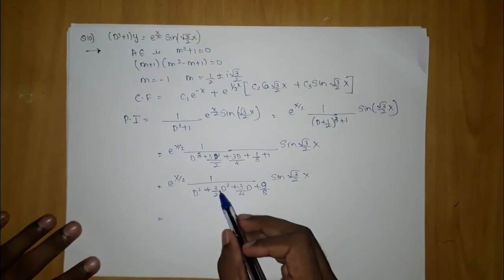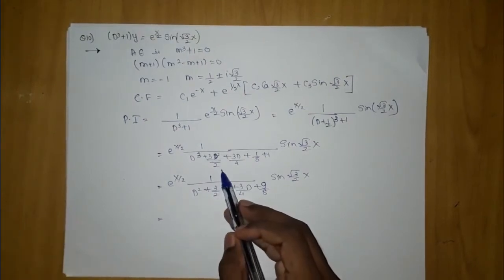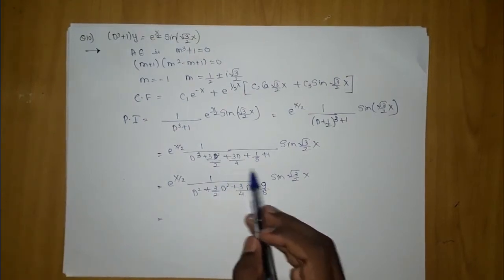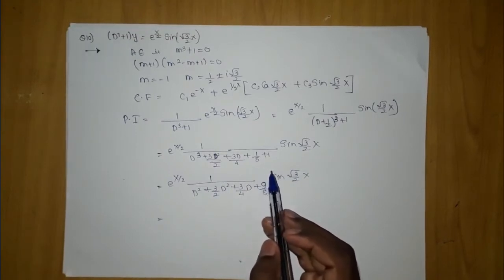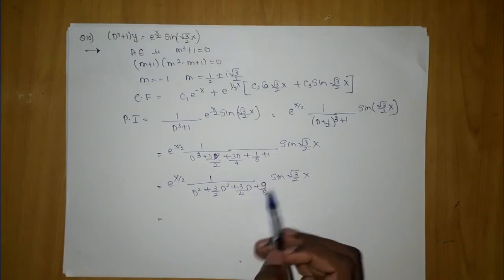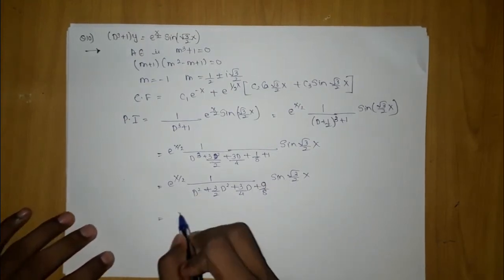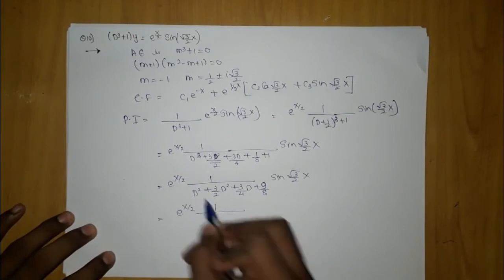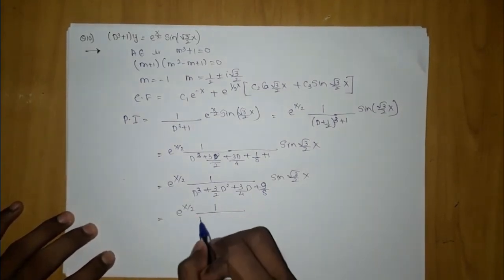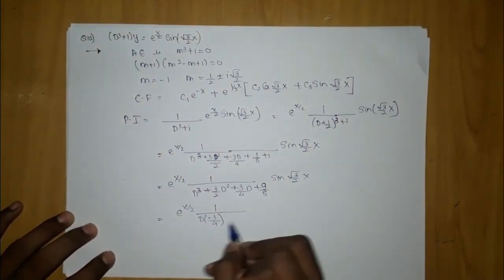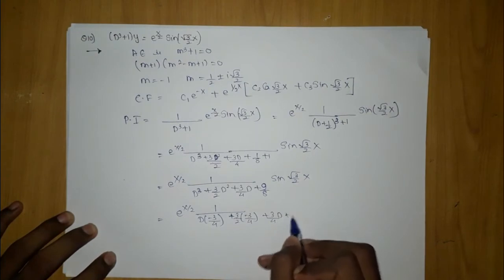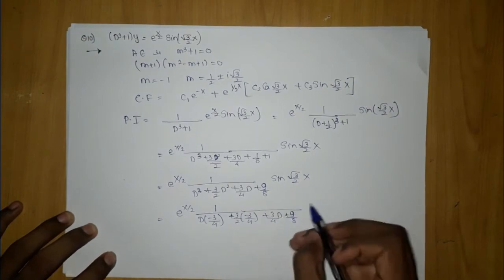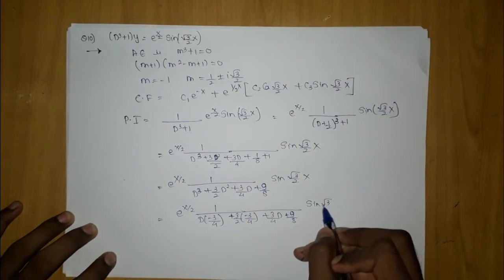Are we doing any mistake? What we are going to do after this, we are going to replace D square by minus 3 by 4. So this is D cube, so this is D into minus 3 by 4, this will be plus 3 by 2 into minus 3 by 4, this will be plus 3 by 4 D plus 9 by 8 into sin root 3 by 2 x.